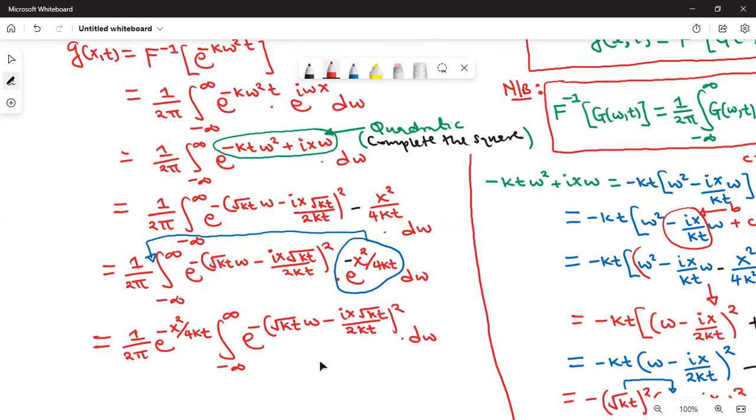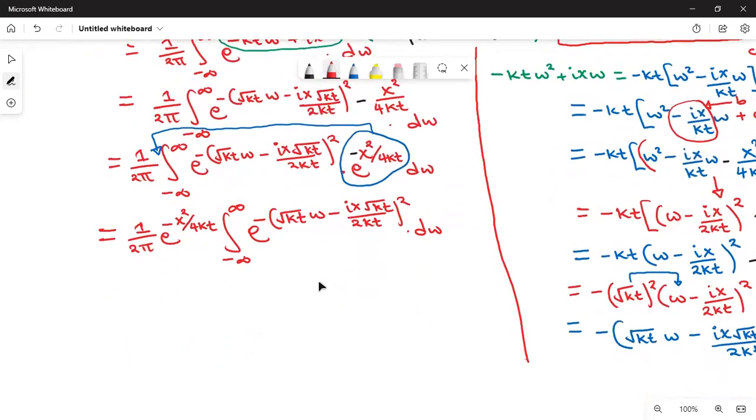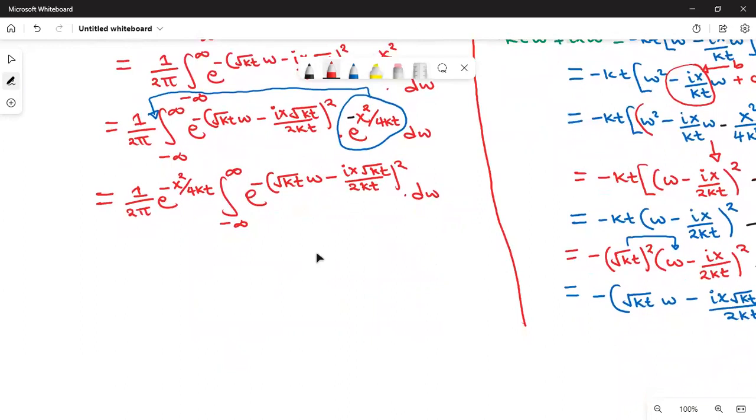Now we are going to use a substitution. I cannot use u because already we have u as our dependent variable. Let me use z. Let z be equal to the whole of this in bracket, that is root kt times omega minus iota x root kt, divided by 2kt.